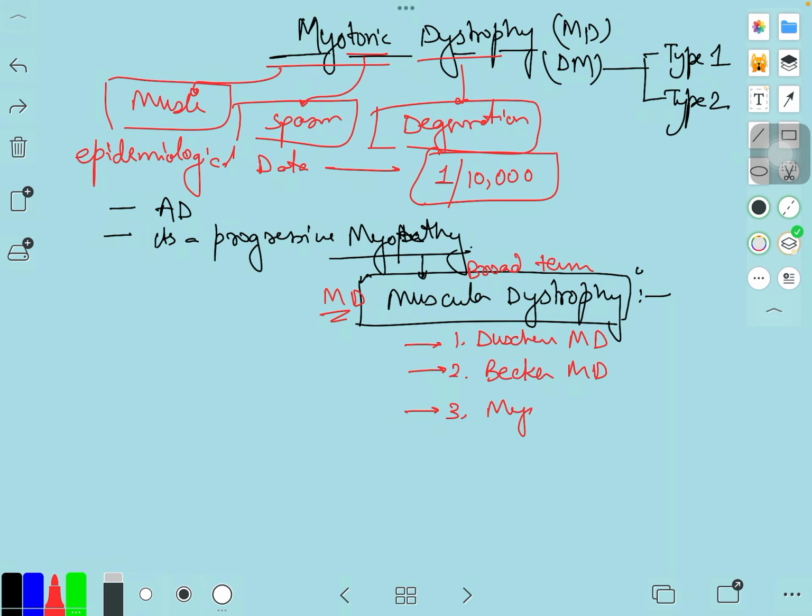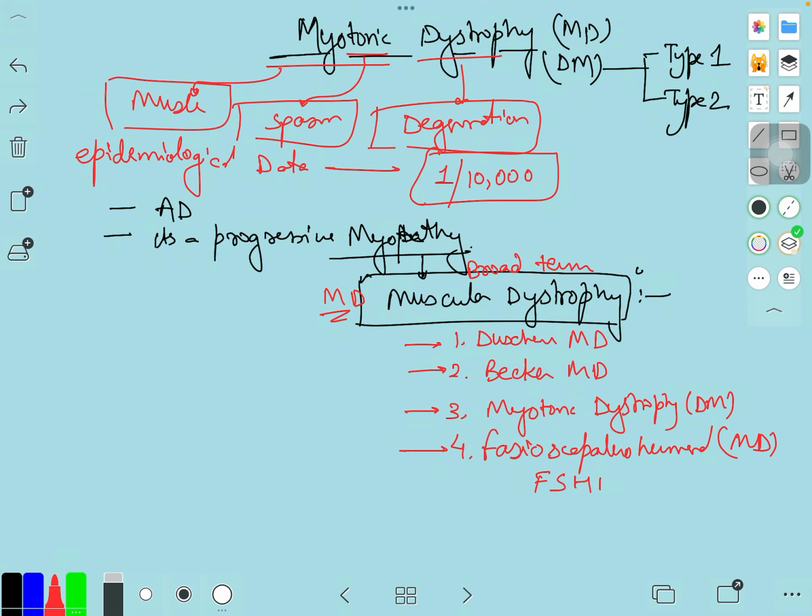Third is myotonic muscular dystrophy, or simply abbreviated as myotonic dystrophy, DM. Now the fourth one is facioscapulohumeral muscular dystrophy, called FSHD. So these are the more important ones. Today we'll focus only on myotonic dystrophy.